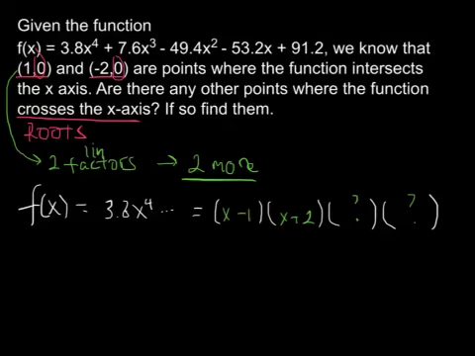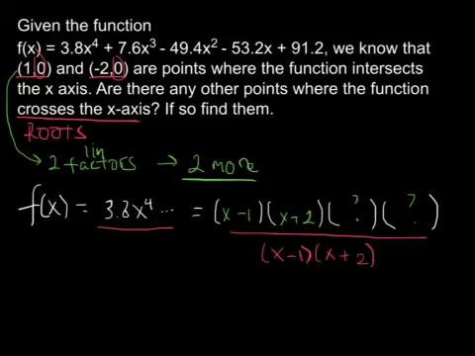So hopefully, just by thinking about regular algebra, we can see that we need to divide by both of the known factors. And so we're going to divide by x minus 1 and x plus 2. Notice that we could do this in 2 steps. We could divide by x minus 1 first and then divide by x plus 2, but we can kill 2 birds with 1 stone by dividing them both at the same time.